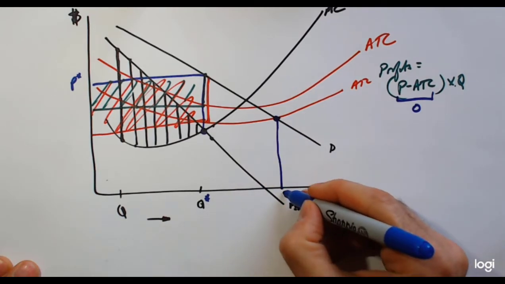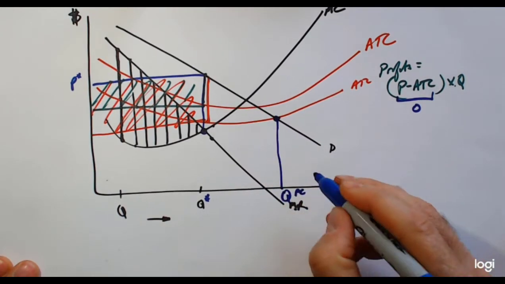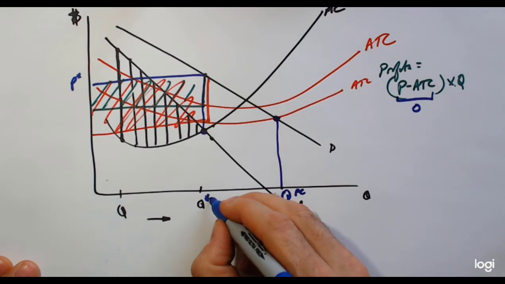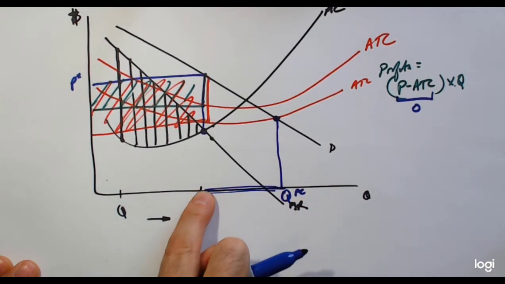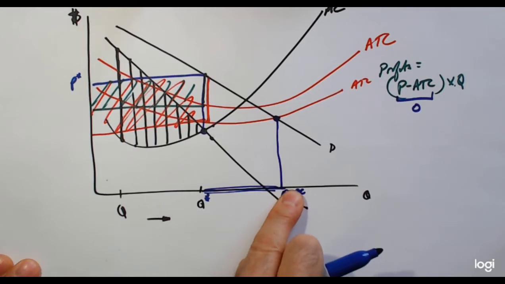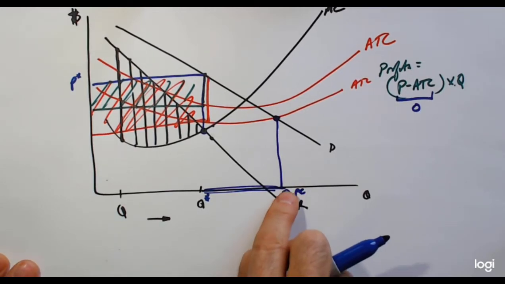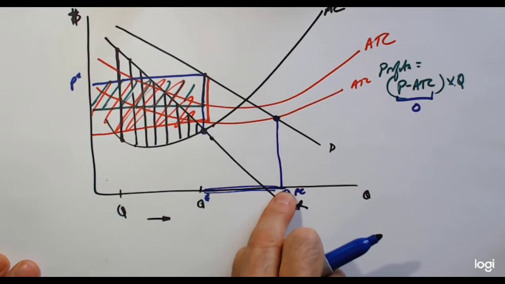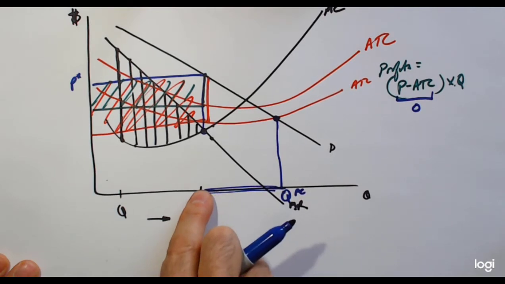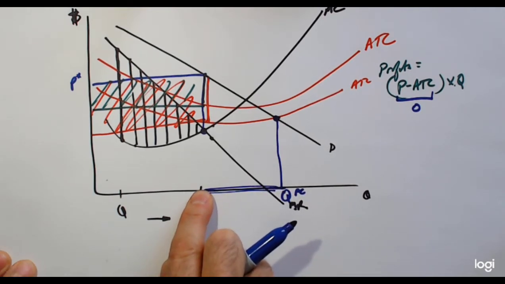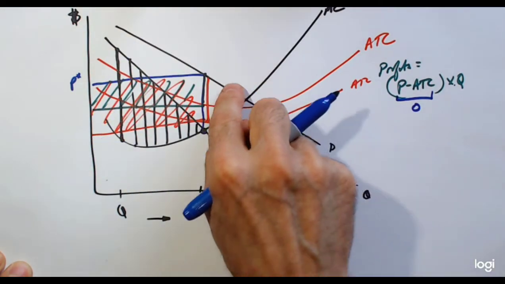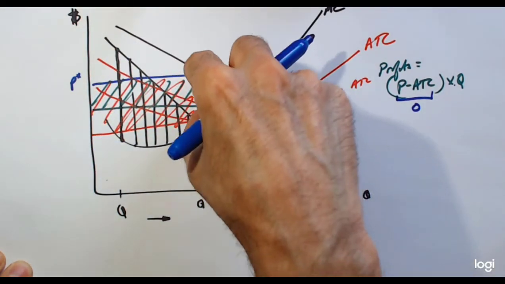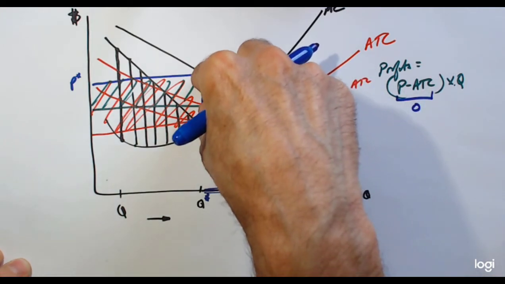We have a quantity under perfect competition, a quantity under monopoly, and you can see that monopolies restrict output compared to, and this is the important case, the benchmark case, perfect competition. It restricts output compared to perfect competition, and in doing so, it moves up this demand curve and takes advantage of the situation and earns a profit.